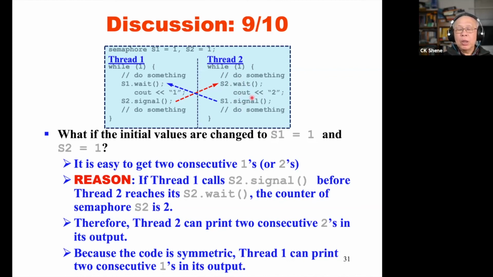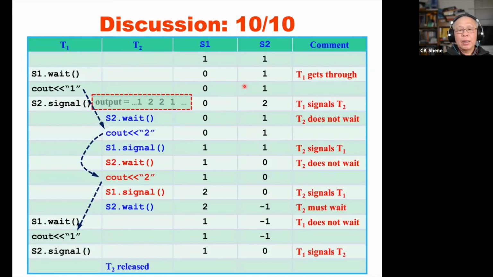So you'll see we are able to print 2 next to each other. Now, because the code for thread 1 and thread 2 is symmetric, of course, it's very likely that you could print 2 consecutive 1s together. So here is an execution sequence that illustrates we have 1, 2, 2, 1.